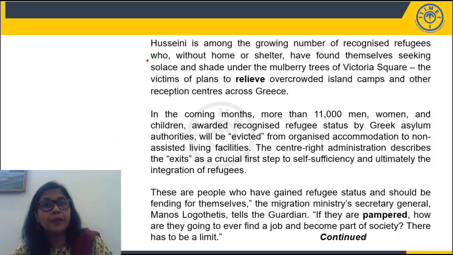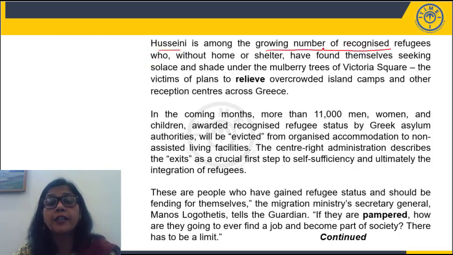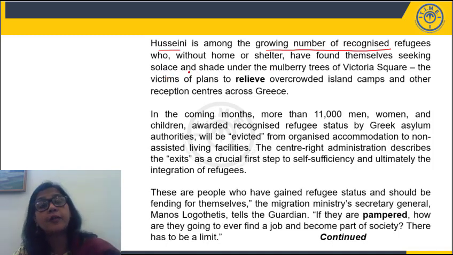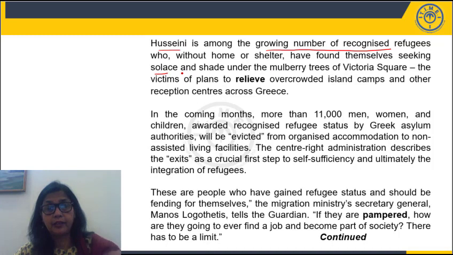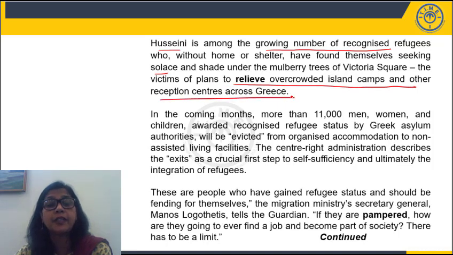So it kind of represents this whole group of refugees, who, without home or shelter, have found themselves seeking solace, right? Seeking peace, freedom, right? And shade under the mulberry trees of Victoria Square, the victims of plans to relieve overcrowded island camps and other reception centers.